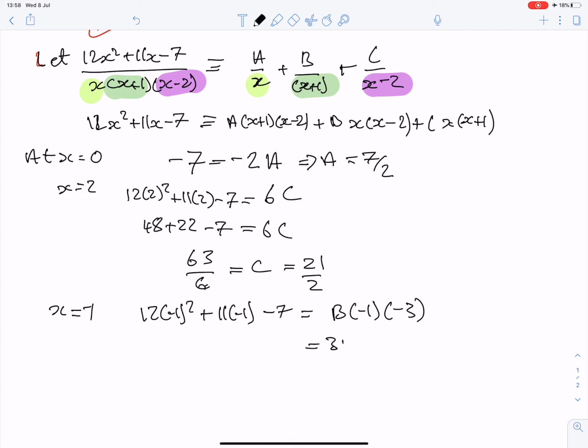So we get 3b. 12 minus 11 minus 7 is minus 6, which implies b equals negative 2.